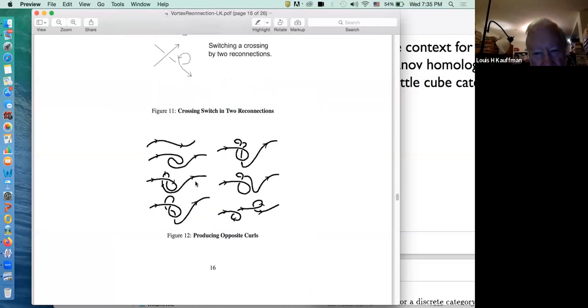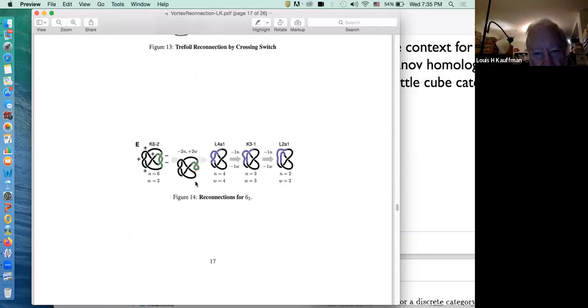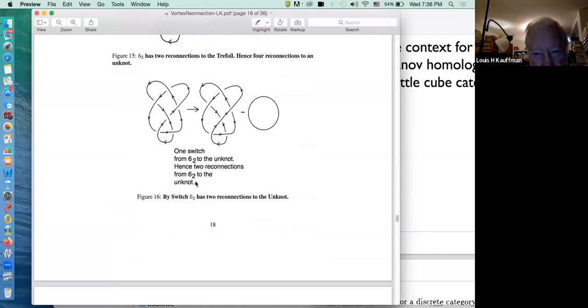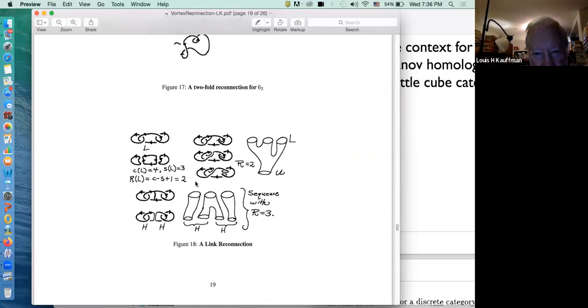So if, for example, I were to go through this, this will do, just concentrate on this one. Here's a little link. And I went through a vortex reconnection here, and then I went through a vortex reconnection here. And after doing that, I ended up with this little curve here in space, which is just a little curve.